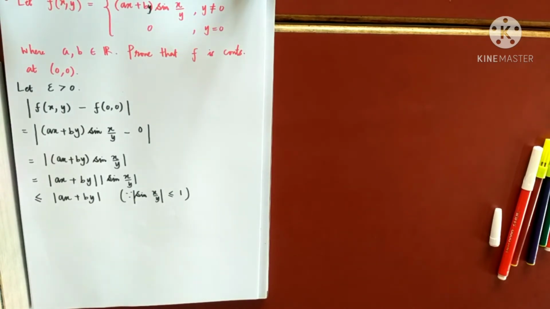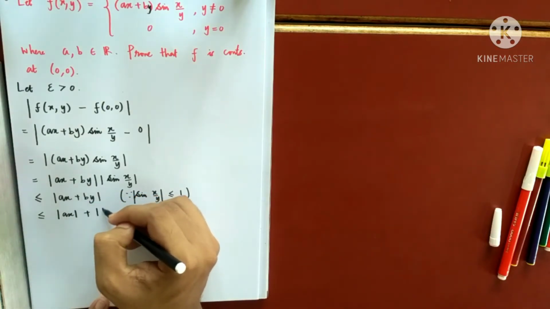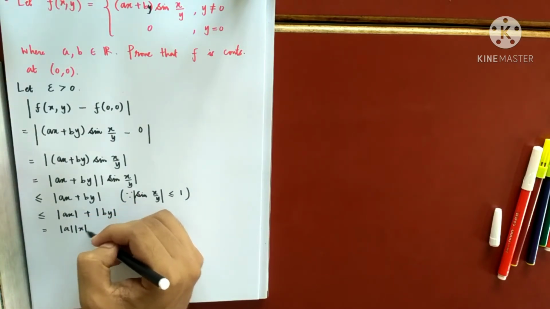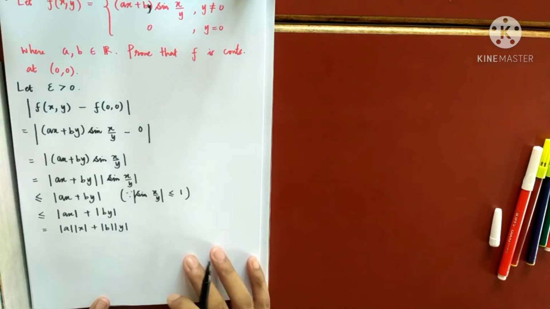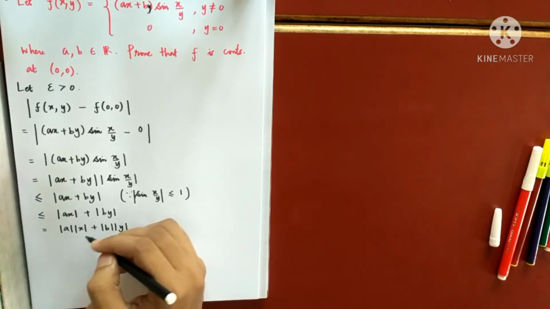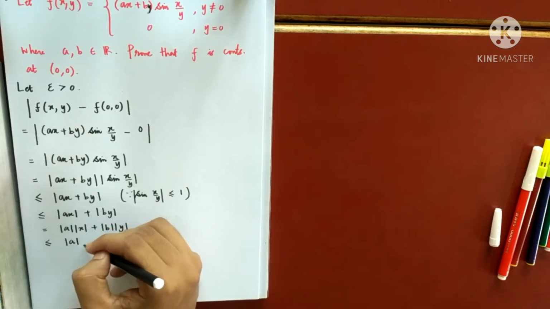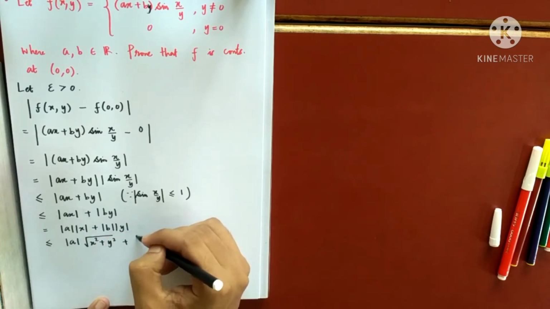Now let's apply the triangle inequality. This is lesser equals to modulus of ax plus modulus of by. This is the same as writing modulus a modulus x plus modulus b modulus y, right? Now you see, the same logic: this is lesser equals to mod a root over of x square plus y square plus mod b root over of x square plus y square.